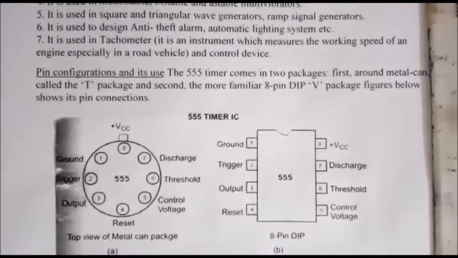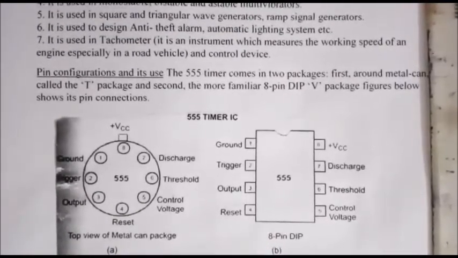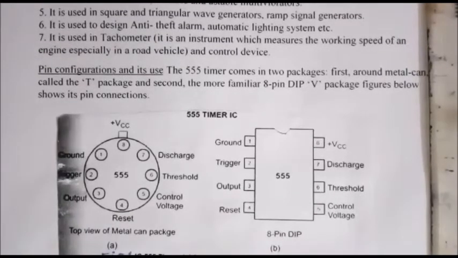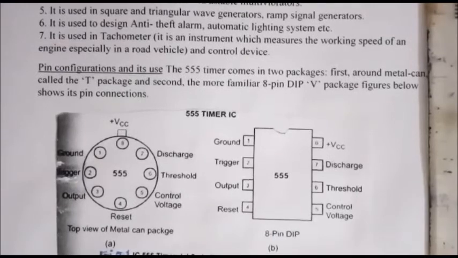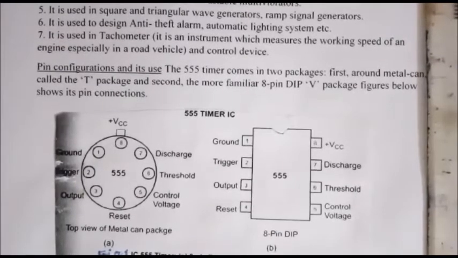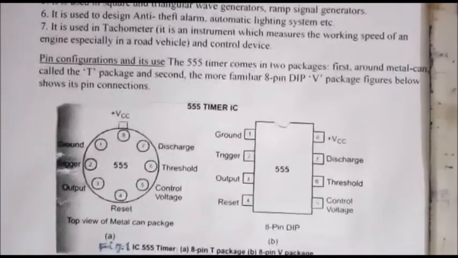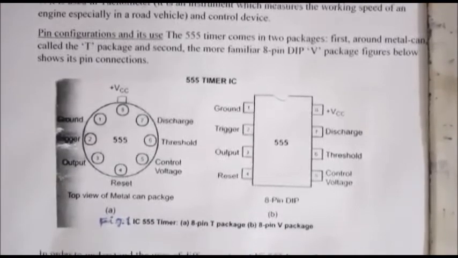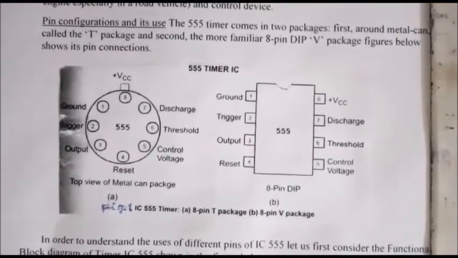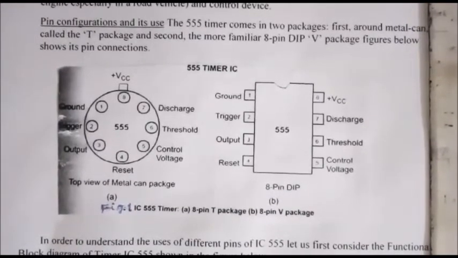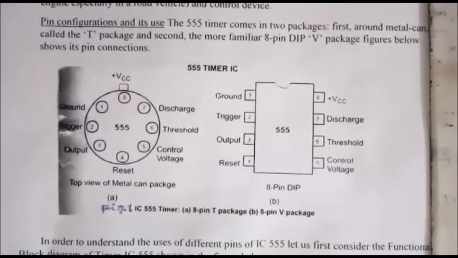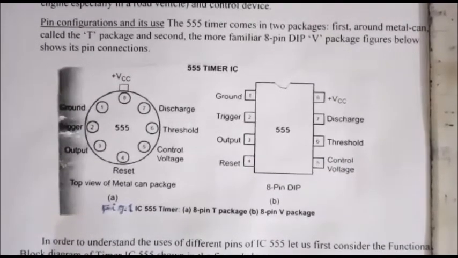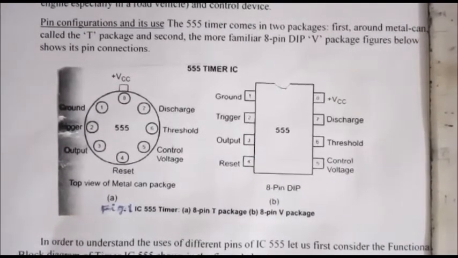Now we shall discuss pin configurations and its use. The 555 timer comes in two packages. First, a round metal can called the T package, and second, the more familiar 8-pin DIP, the V package. Figures are shown below, and you see in both the figures there are 8 pins, and their configurations are the same.